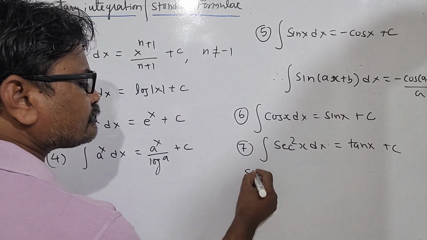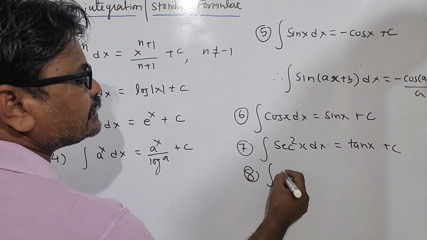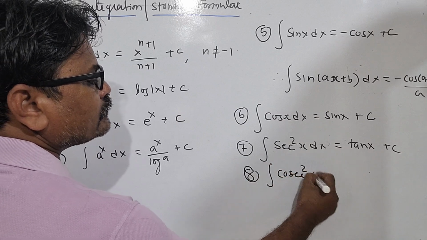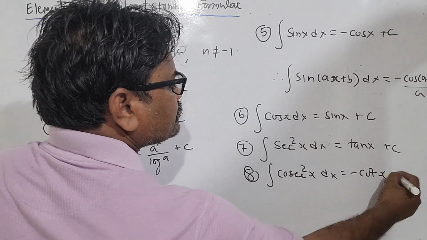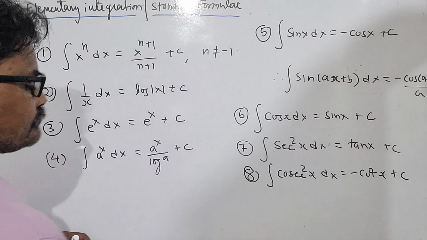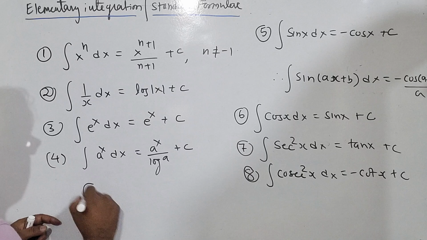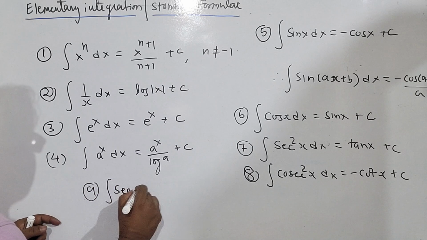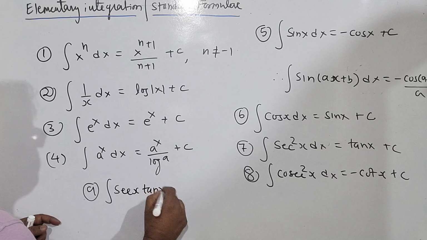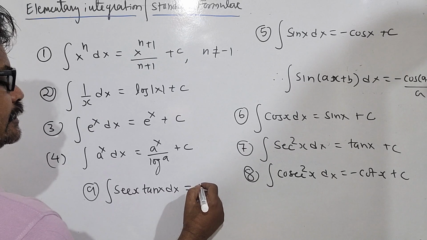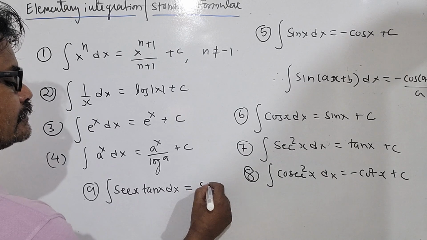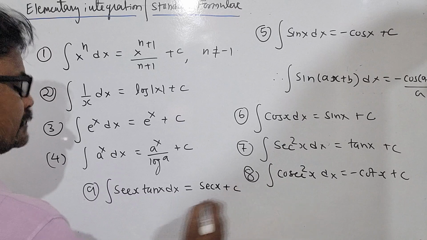Or like that, the integration of cosec square x dx, that is equal to minus cot x plus c. Ninth, integration of sec x tan x dx is sec x plus c.